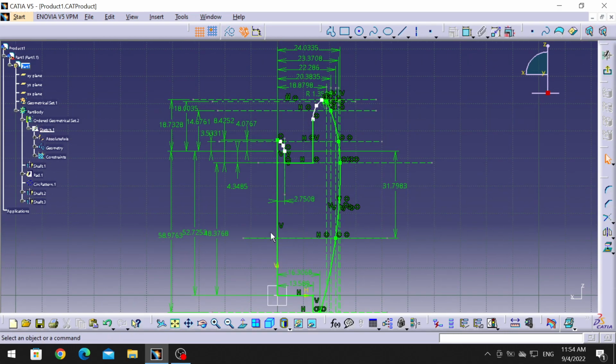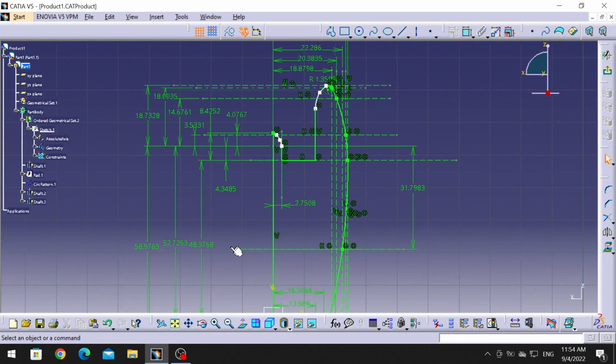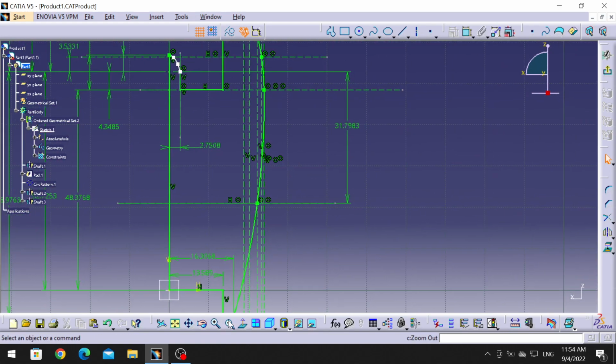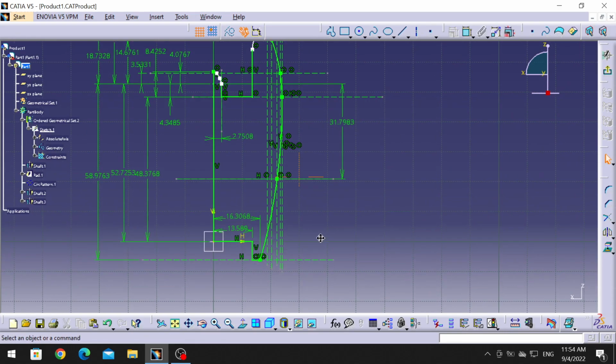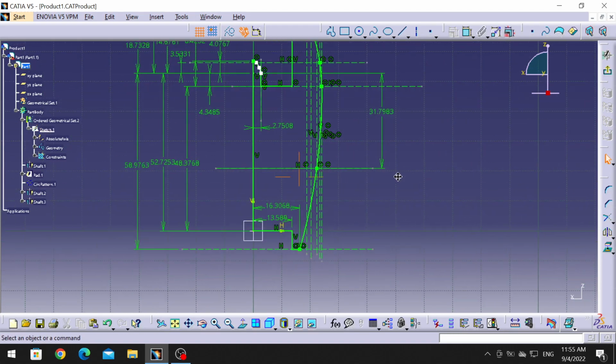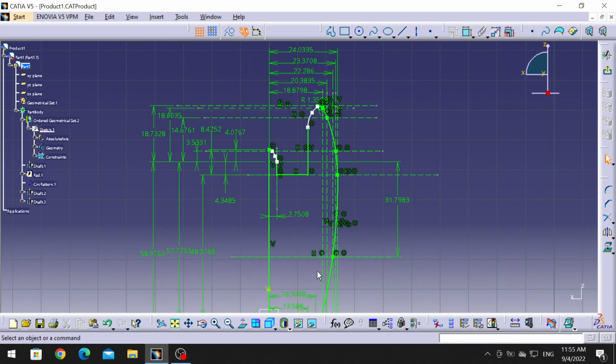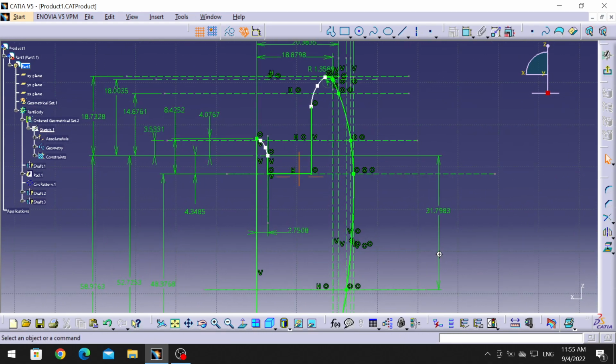Now the dimensions vary over here. We could see for ourselves over here. The fan cowl's outer structure is of course curved, so we need to form a curve all the way from the tip of the exhaust space to the tip of the inlet.